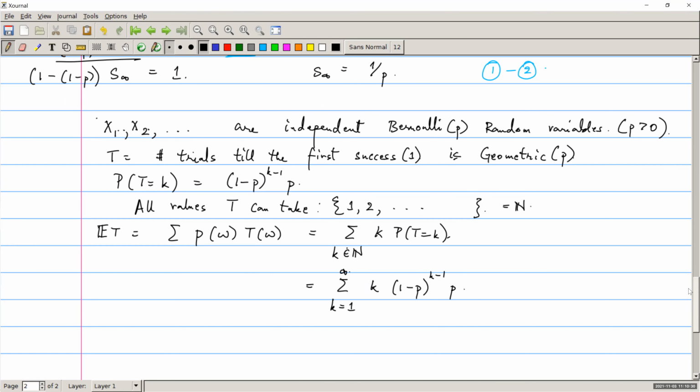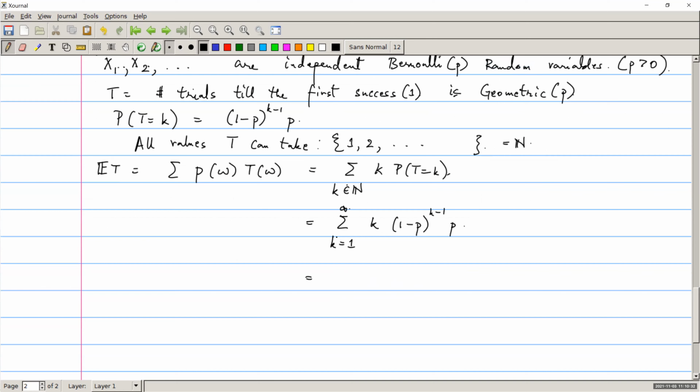Now this is the summation k equals 1 to infinity of k times (1 minus p) to the k minus 1 times p. Can somebody tell me how this summation looks? Expand it out, tell me the first few terms. For k equals 1 it'd be 1 times (1 minus p) to the 0th times p, so it'd just be p.